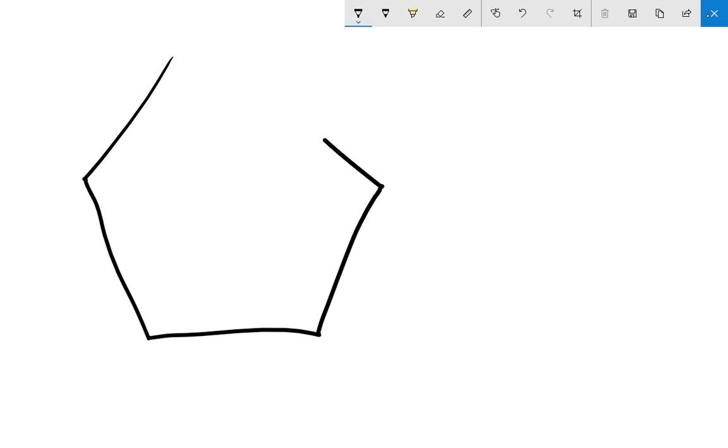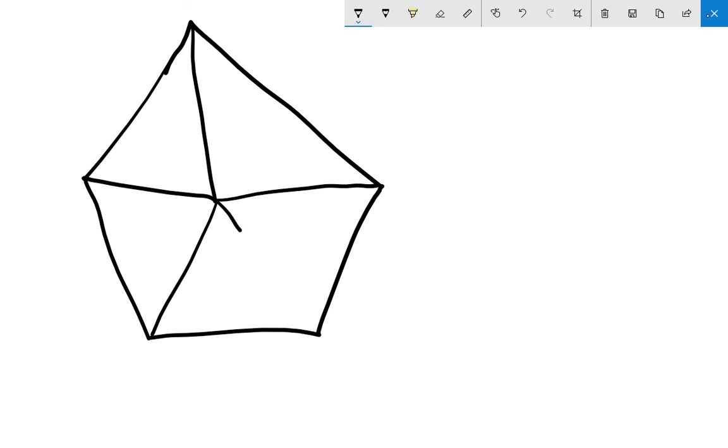Now let's try another example. This is a pentagram. Can you count the sides available in this diagram? There are 1, 2, 3, 4, 5 parts available. So what should I do?